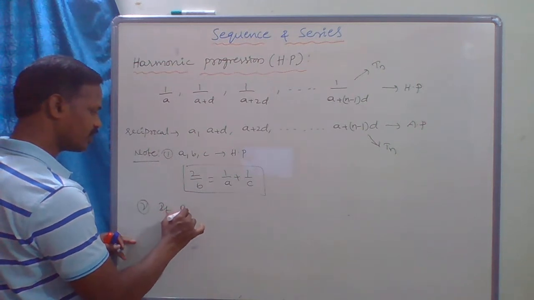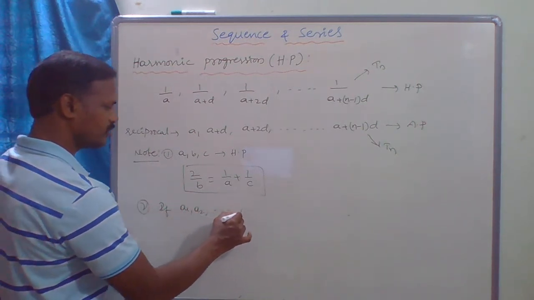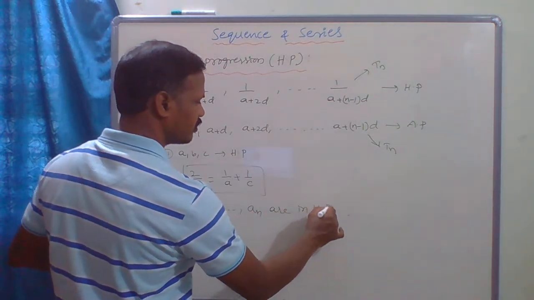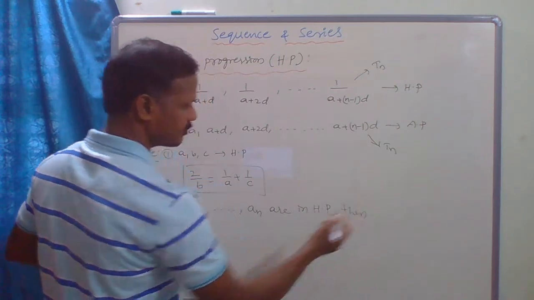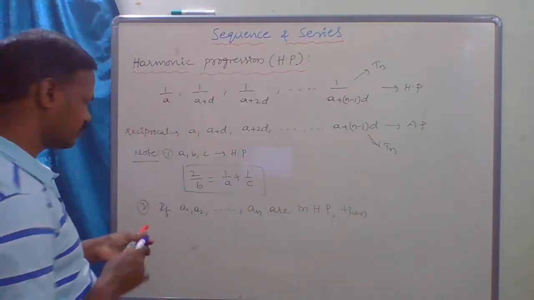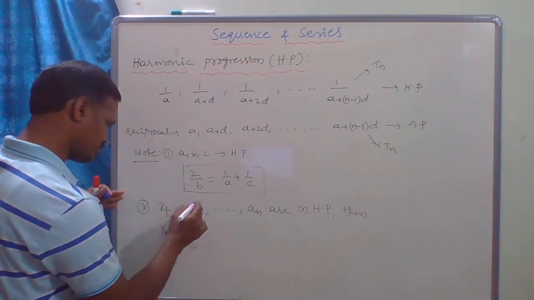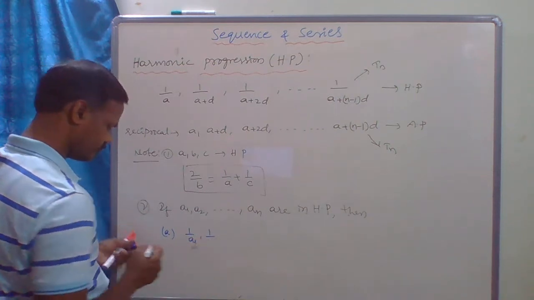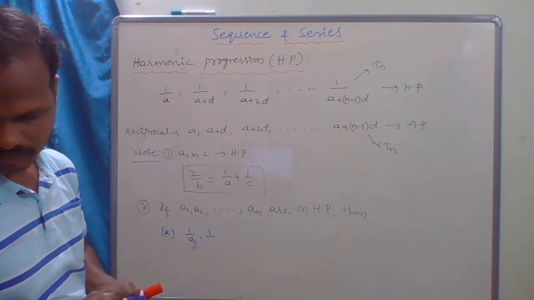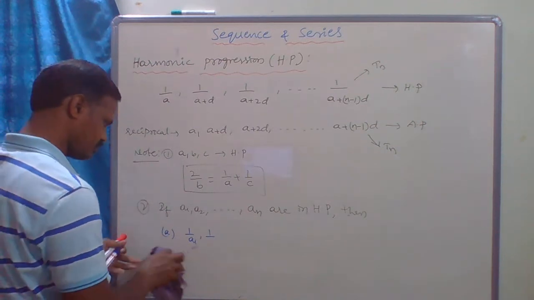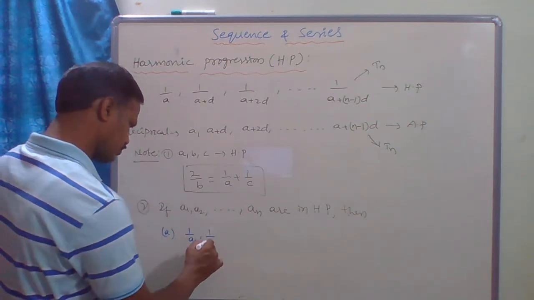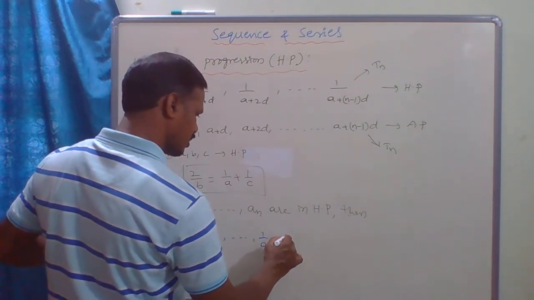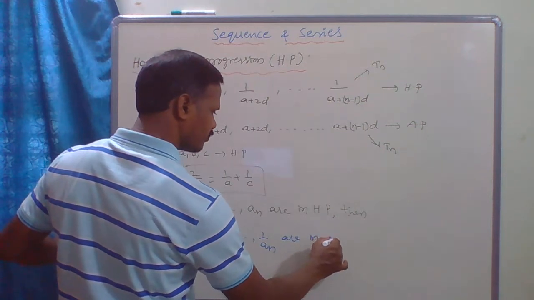Next, if A1, A2, and so on, AN are in HP, then 1 by A1, 1 by A2, and so on, 1 by AN are in AP.